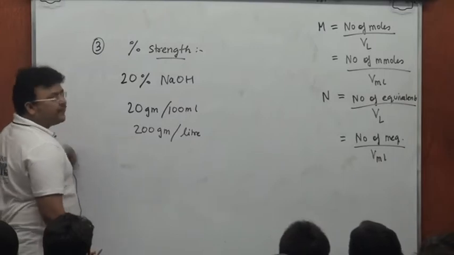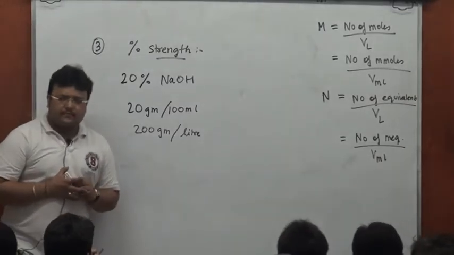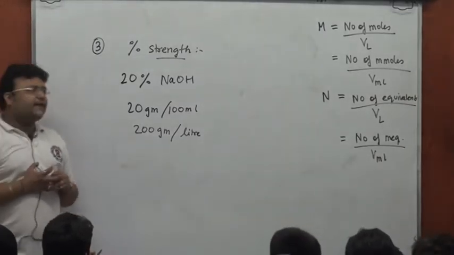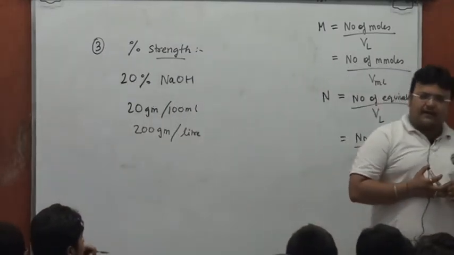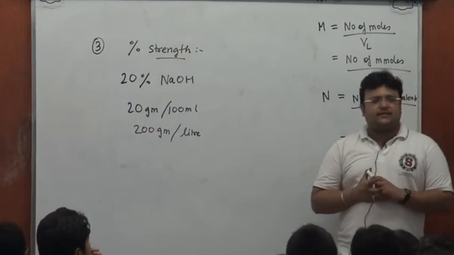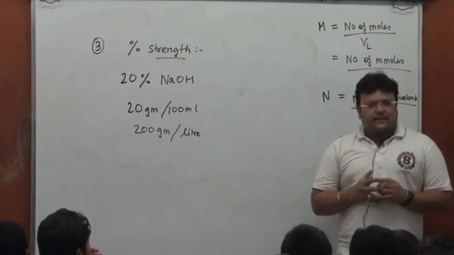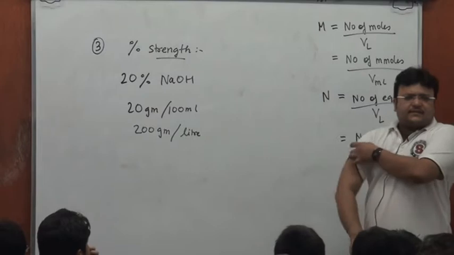What is the molecular weight of NaOH? 40. What's the equivalent weight of NaOH? 40 again. Here the N factor is 1.